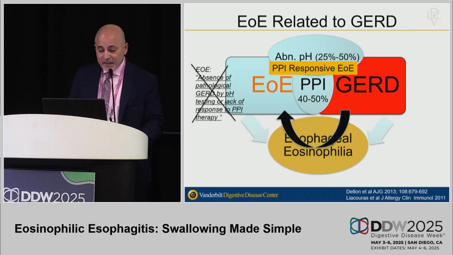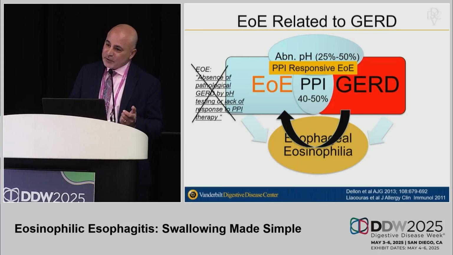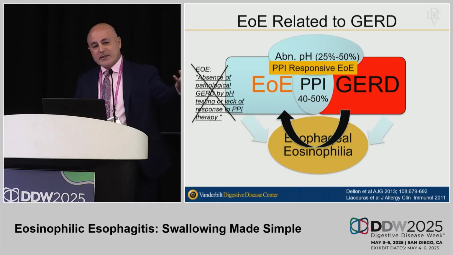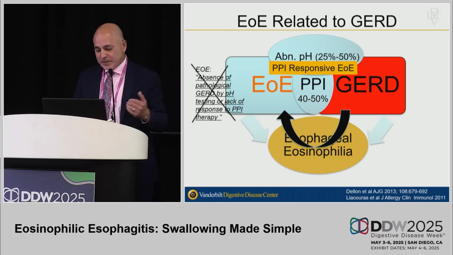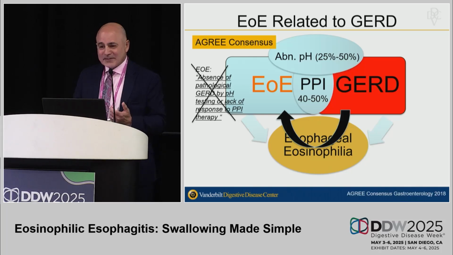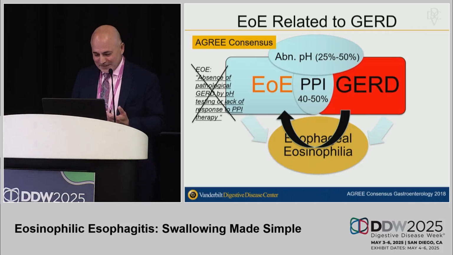So because of that, we said, well, let's not call that GERD, call this PPI responsive EOE. So it's really EOE, it's just PPI responsive EOE, so let's bring that back in, call them EOE, not GERD. And then we said, well, is that true? Then a consensus came about, right? For those of you that were there, we agreed on this.